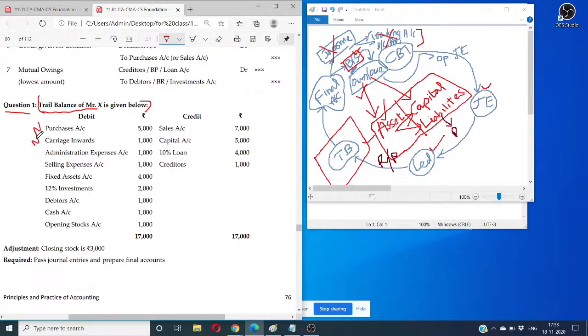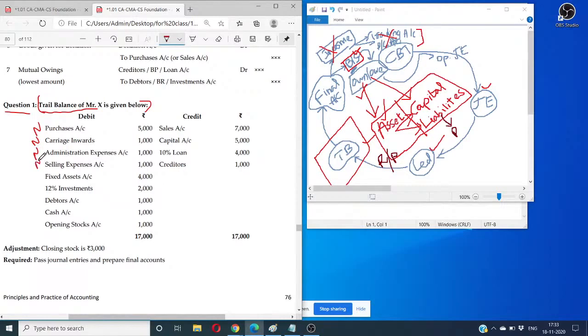Admin, come on. I need the answer. Participation from you all. Come on. Admin expenses, make it faster. Nominal account. Selling expenses. Very good, nominal.